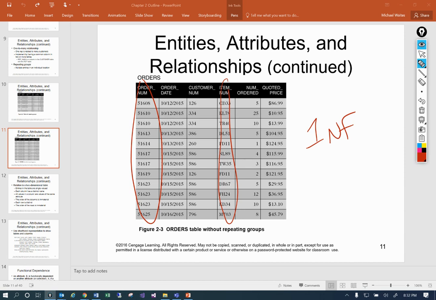Just looking at a table like that, I'd have to assume that this plus this makes up the primary key, because those two pieces of data put together provide a unique identifier for every single row. So this technically is in 1NF. I would make it more 1NF by having an actual primary key up here, but because of these two columns, they technically have a primary key.